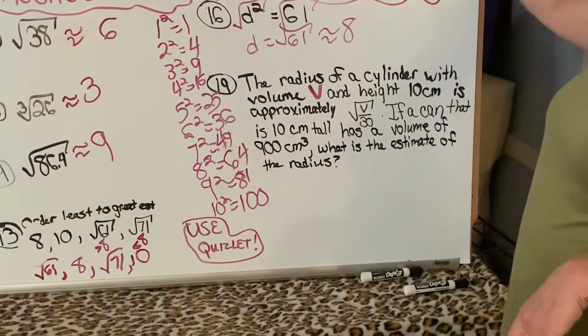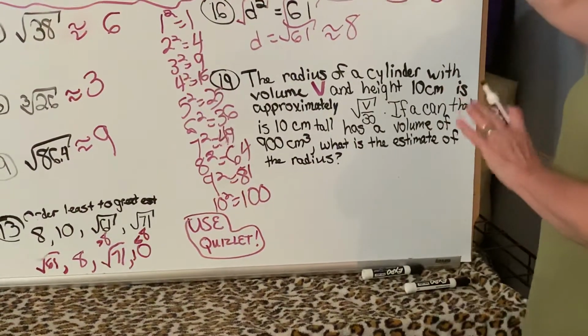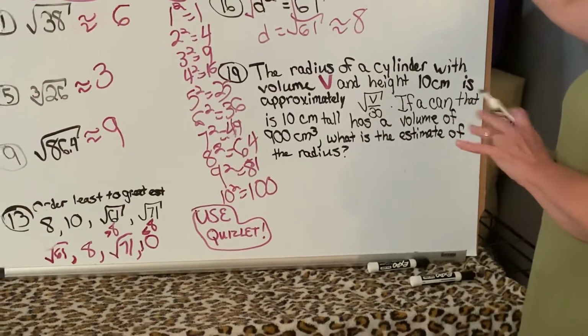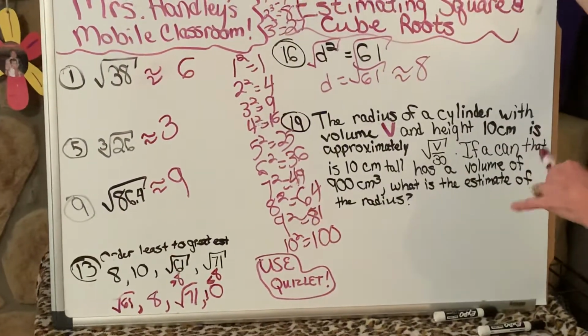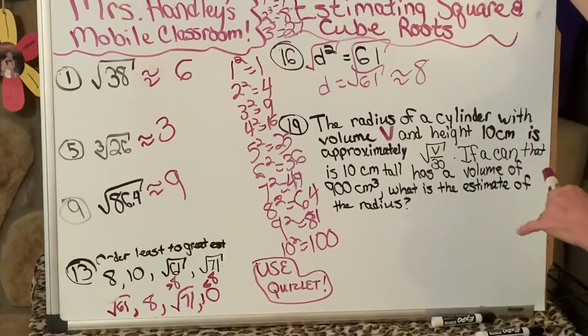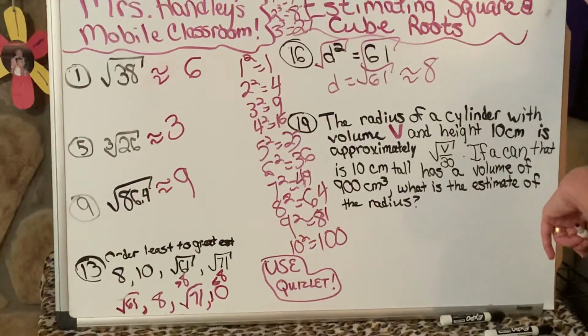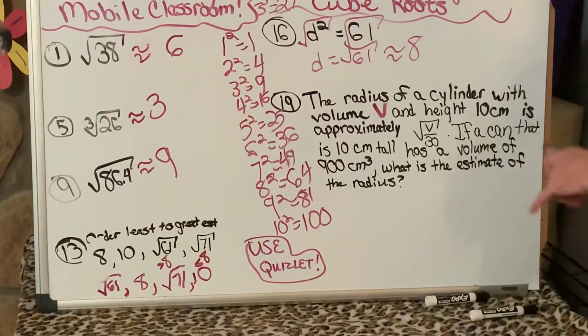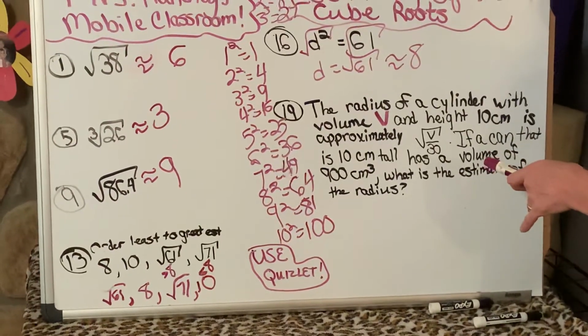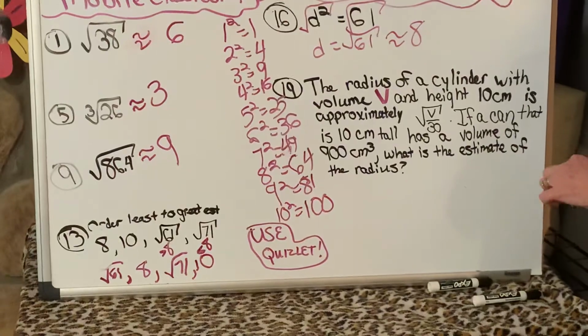Okay, and then half of you are shutting down now. Oh darn, word problems. And there's some information in this problem that we will not use. The radius of a cylinder with a volume V and height of 10 centimeters is approximately the square root of V over 30. If a can that is 10 centimeters tall has a volume of 900 centimeters cubed, what is the estimate of the radius?